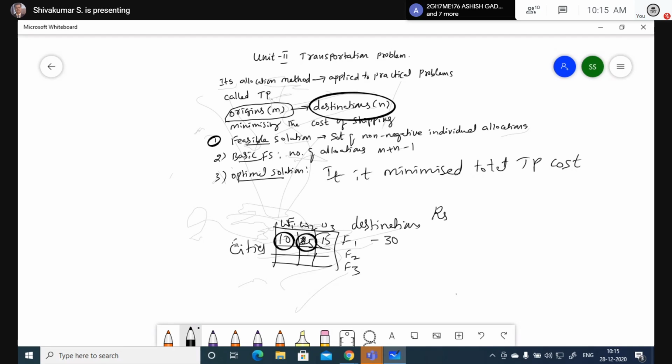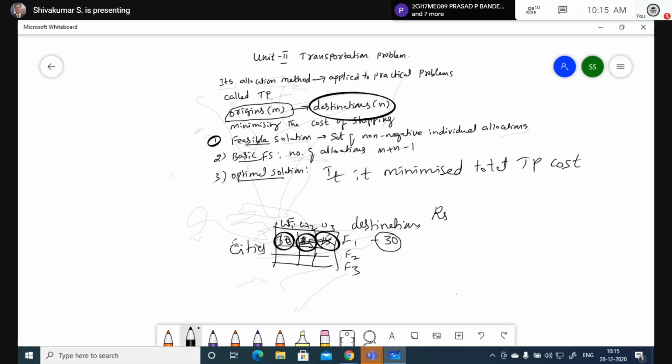So in total 10 plus 5 plus 15 can be optimally allocated to warehouse 1, warehouse 2, warehouse 3. Also, not necessarily do you have to allocate all. You may allocate 30 to a single warehouse only. You have to decide how much to allocate based upon the supply and demand only.